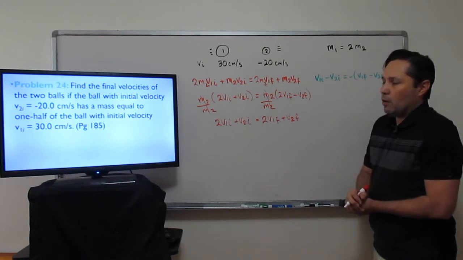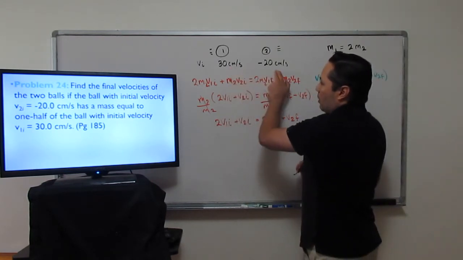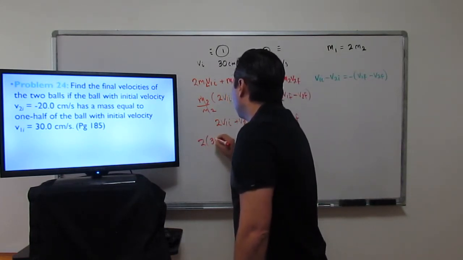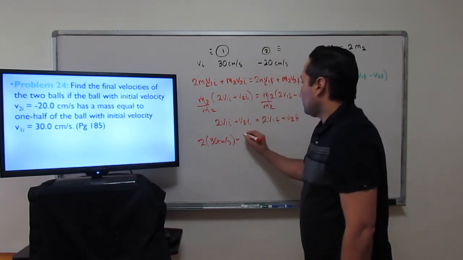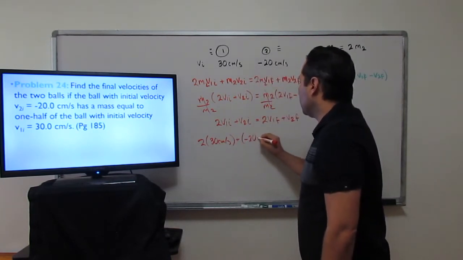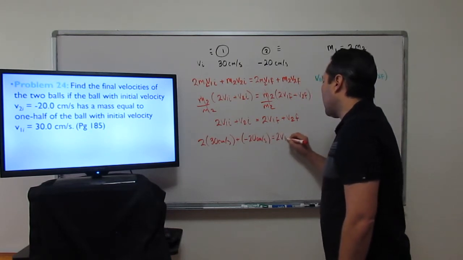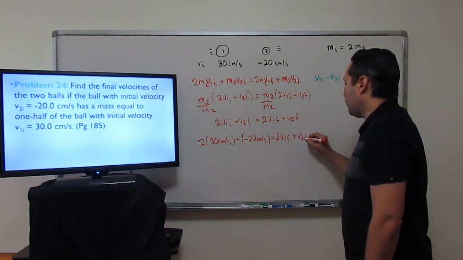Now let's begin the substituting. We have the initial velocity of object 1 and 2. Here they are. So we're going to plug those in. So it's going to be 2 multiplied times 30 centimeters per second plus negative 20 centimeters per second is equal to 2 v1f plus v2f.